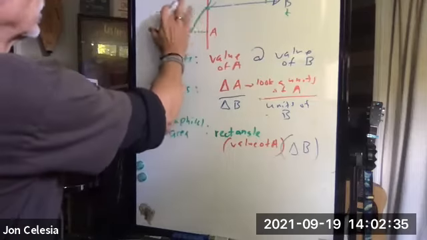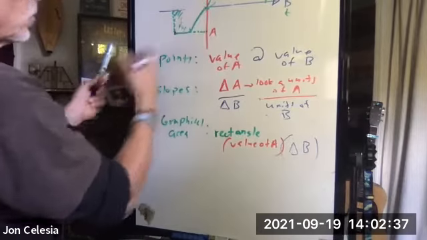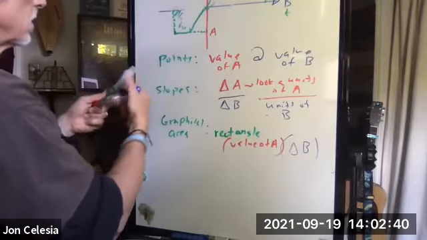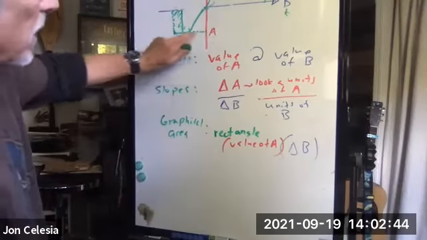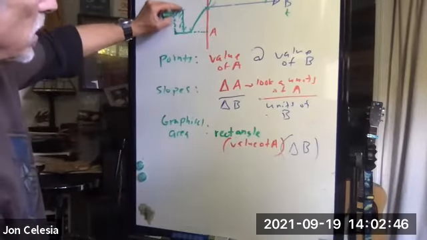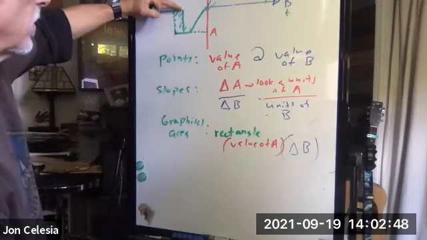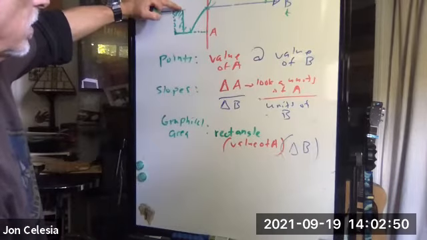So if I took a smaller interval of time, or B, whatever that is, I'm going to get a small area. I'm still going to get the value of A times however much interval of time I have.